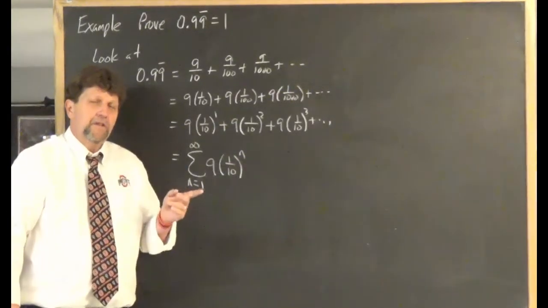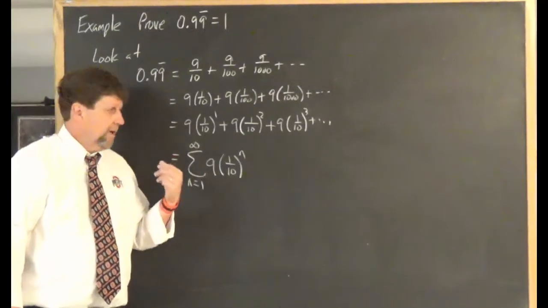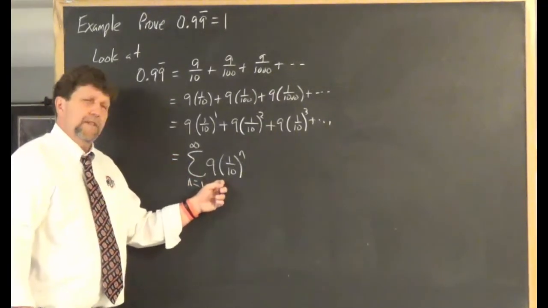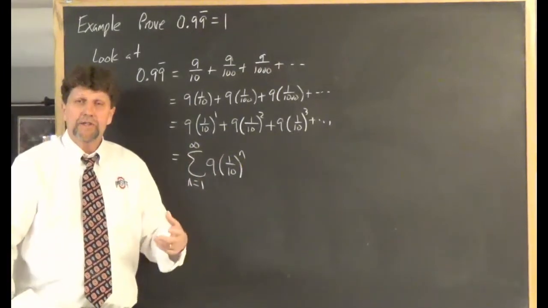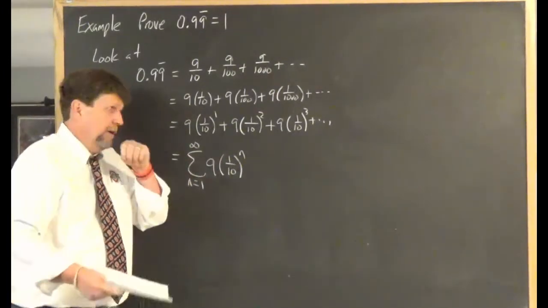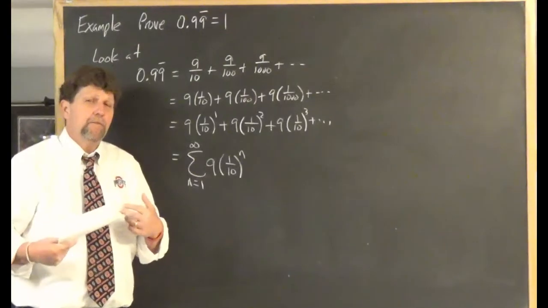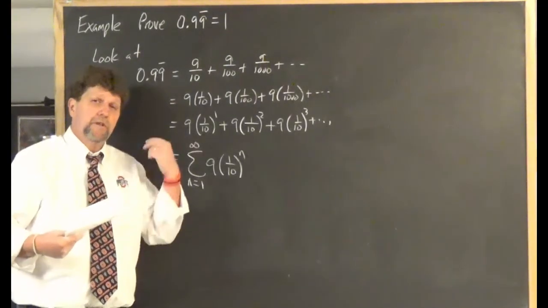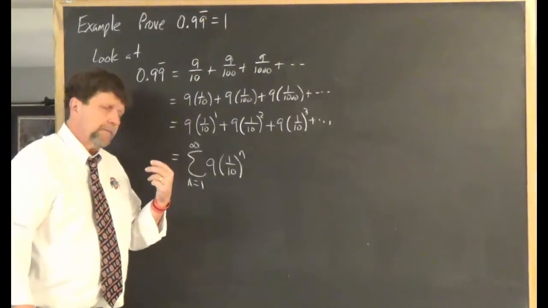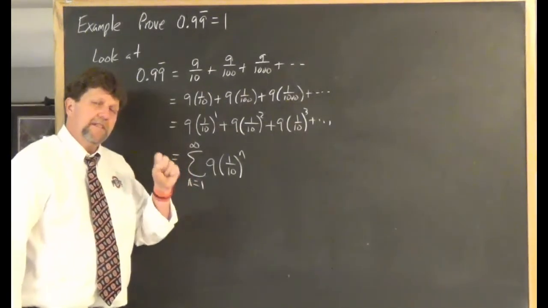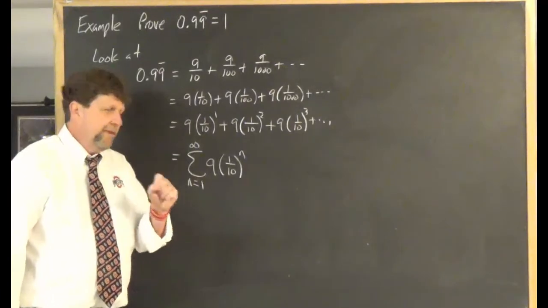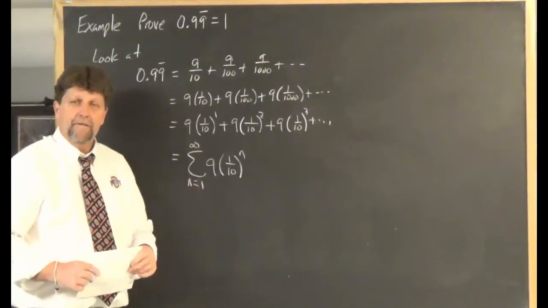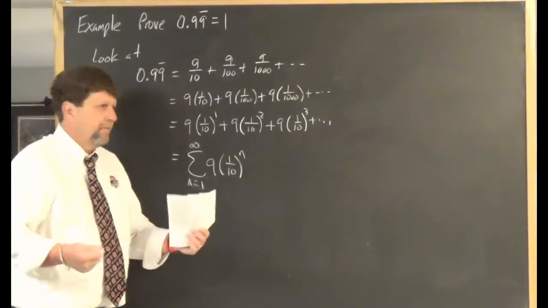Based on that last homework problem, we know this is a geometric series. R is 1/10, which is less than 1. It converges, so it has a sum. The formula for the sum of a geometric series gives you the sum when the starting value is 1.